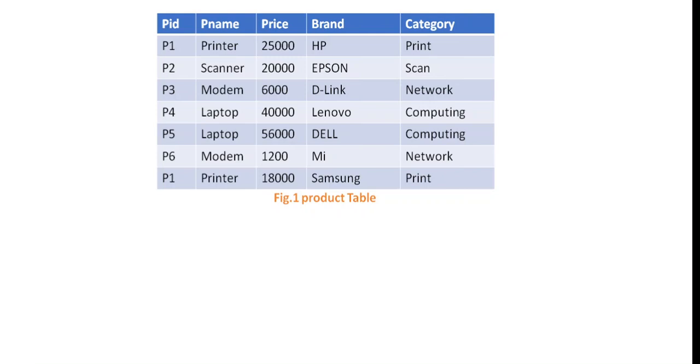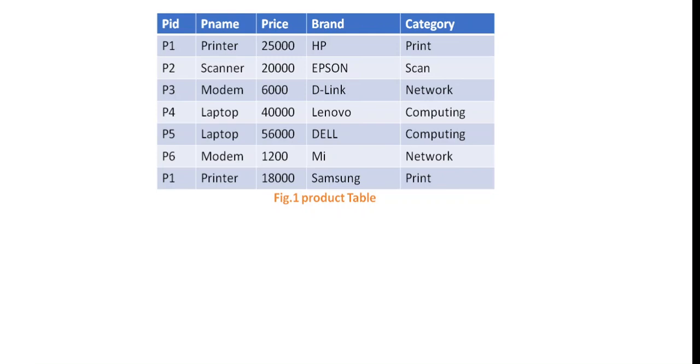This is the product table. The product table consists of product ID, name, price, brand and category. See, here we can see the categories: print, scan, network, computing. Print category consists of all printing devices. Scan category consists of all scanning devices. Network category consists of modem, and computing category consists of laptop.